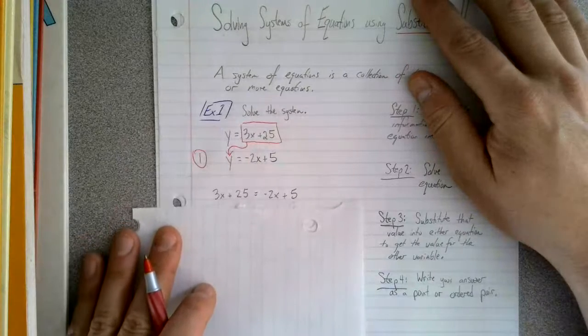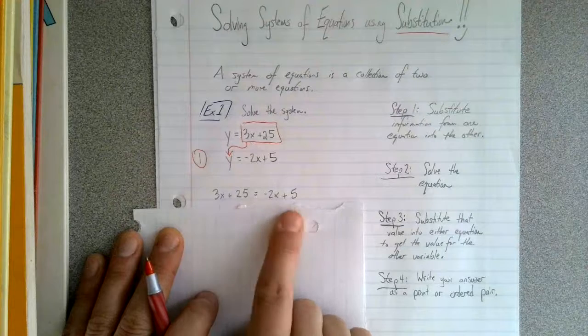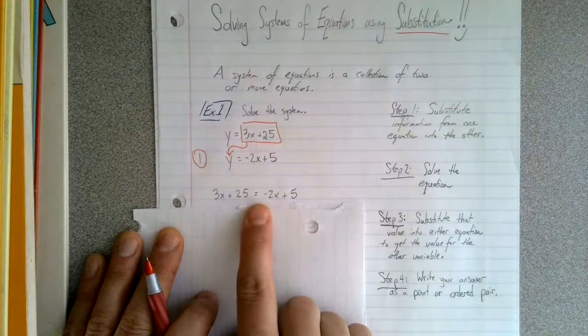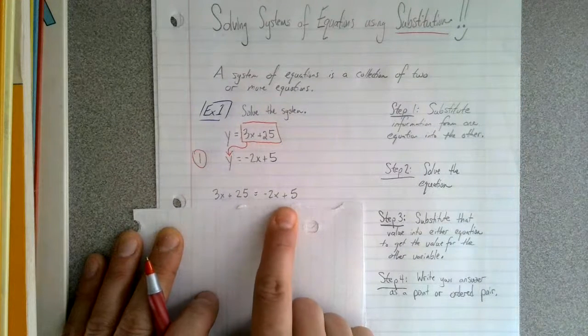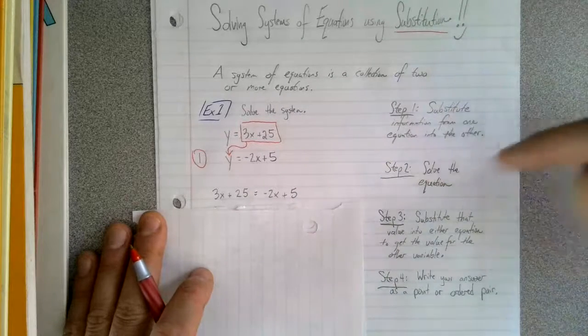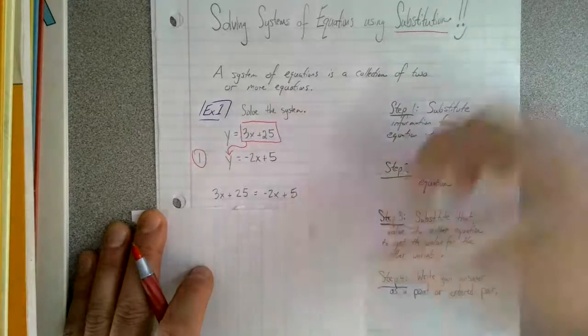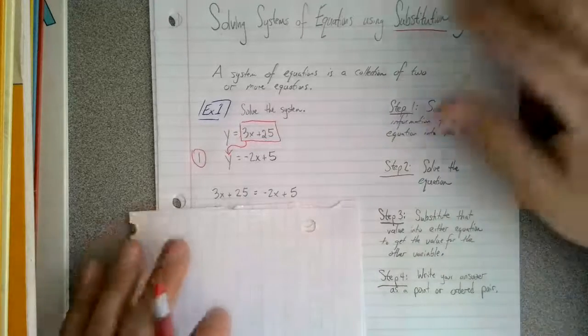Substitute information from one equation into the other. So when we do that, what we get is an equation looking like this: 3x plus 25 equals negative 2x plus 5. Step two, we're going to solve the equation. We've solved equations looking like these before with variables on both sides.